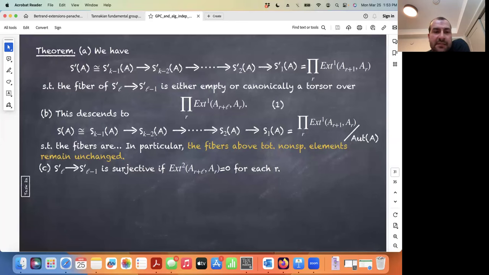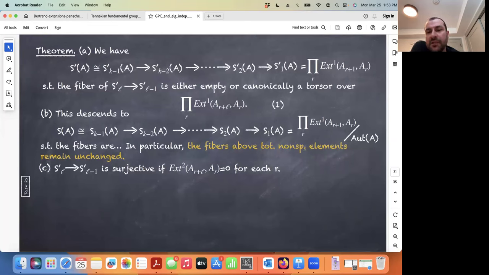Now, this certainly descends to such a thing, but the key thing here is that we can describe really what happens to the fiber. You can describe how the fibers descend. I have that here, but it's a precise statement in the paper. But the particular case of it that I want to highlight is the fibers above totally non-split elements.